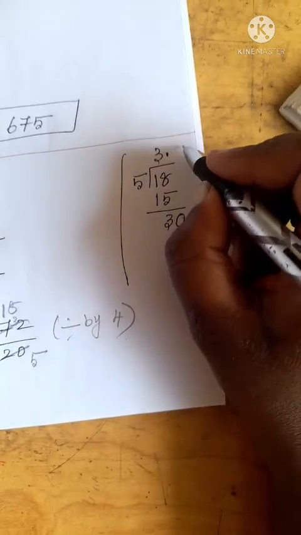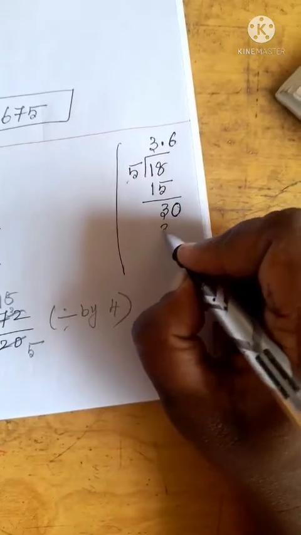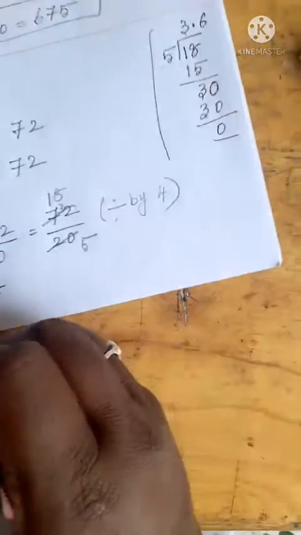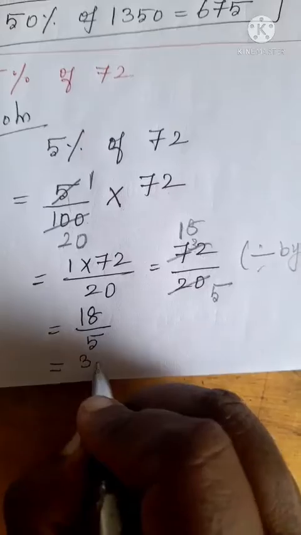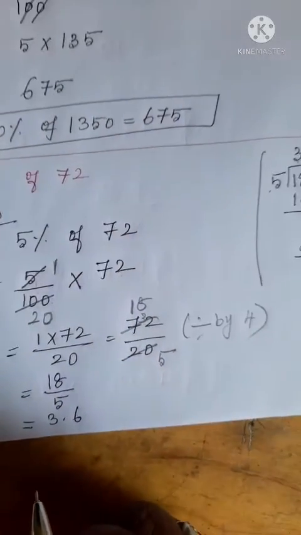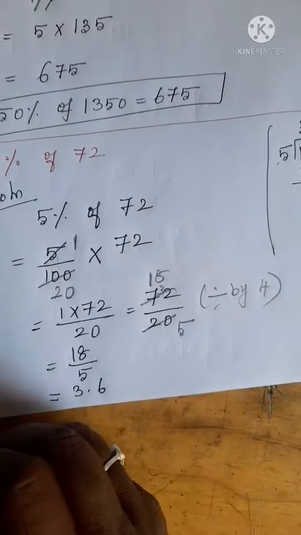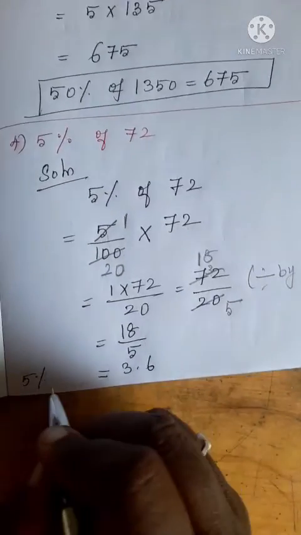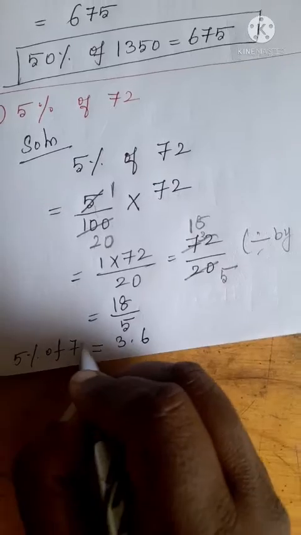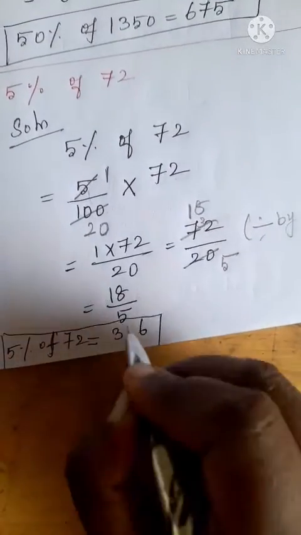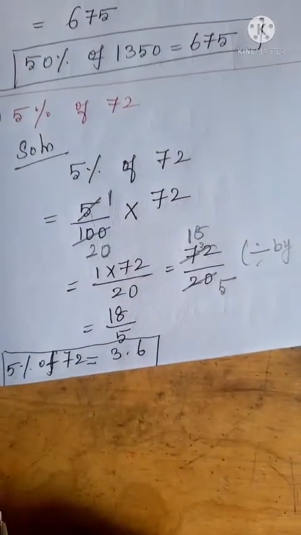Now divide. 6 5s are 30. 0. So the answer here is 3.6. Okay, so 5% of 72 equal to 3.6 is the answer.